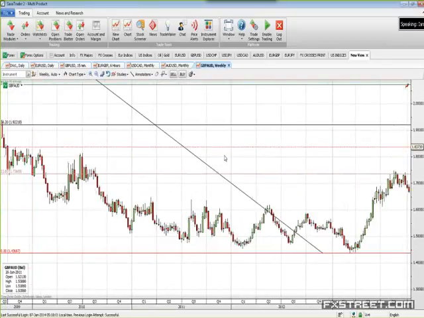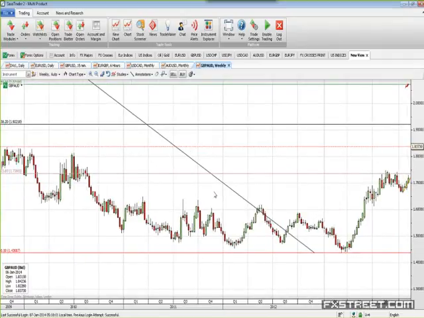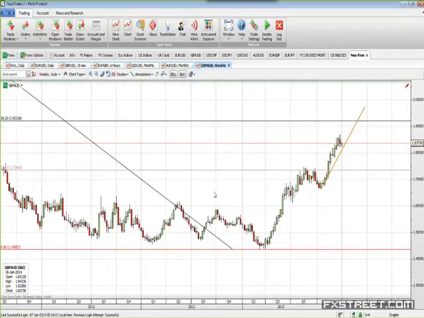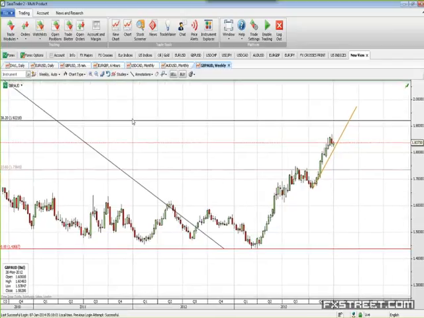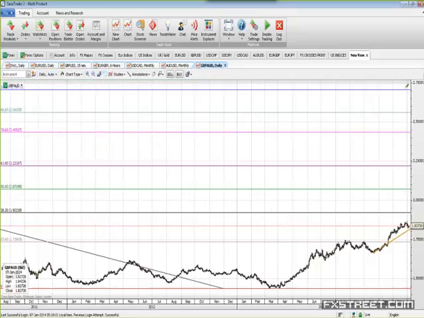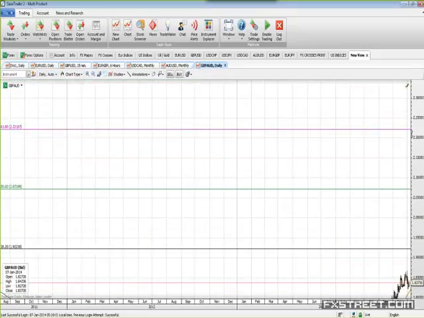I wouldn't have thought it's enough to stop this bull run, to be honest.